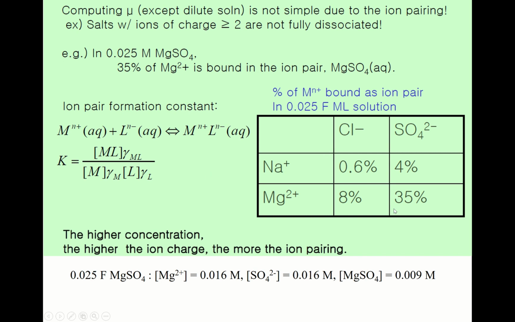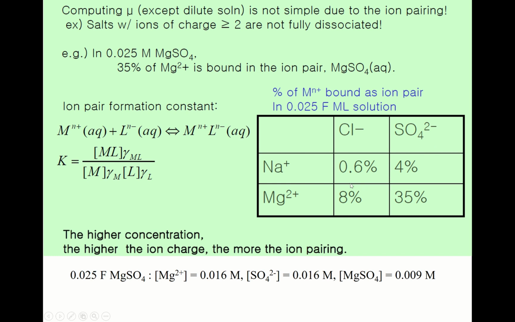This table shows the percentage of metal ion bound as ion pair in 0.025 formal solution, which is the same as molarity. Here are two positive ions, sodium and magnesium, and two anions, chloride and sulfate.